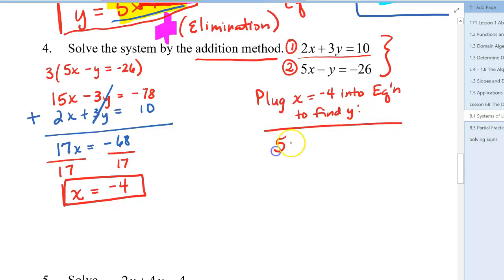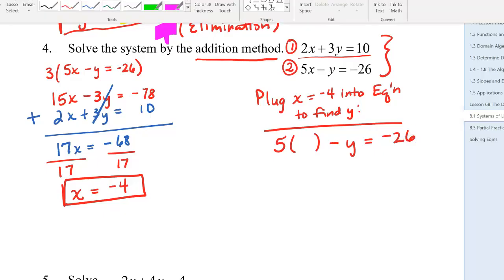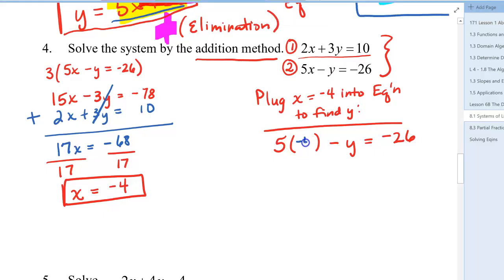So I have 5 times negative 4 minus y equals negative 26. So I took out x and I plugged in negative 4. That's going to give me negative 20 minus y equals negative 26.